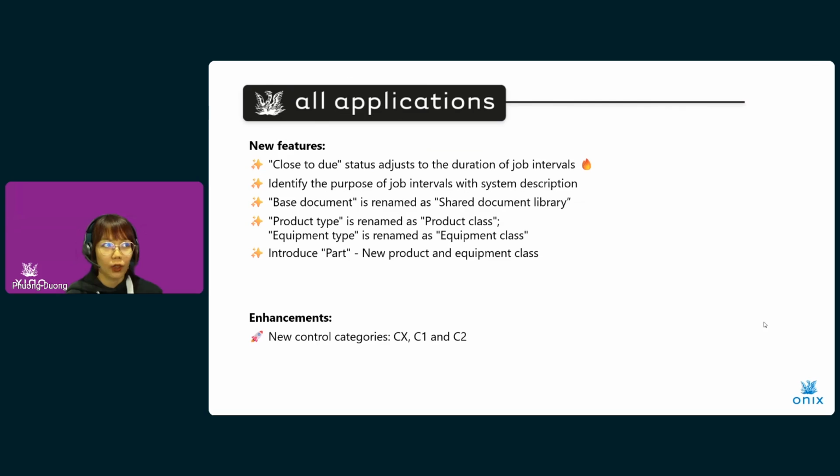that is called part. So besides the unique equipment, we believe that many equipment in your company might be just a part, a component of a bigger equipment, and all of these parts will come together to create a complete equipment.